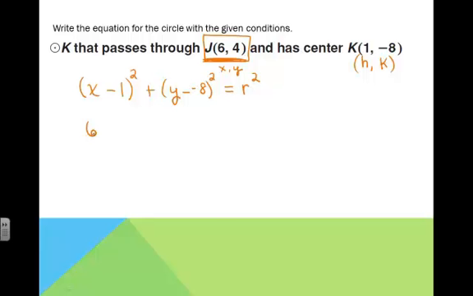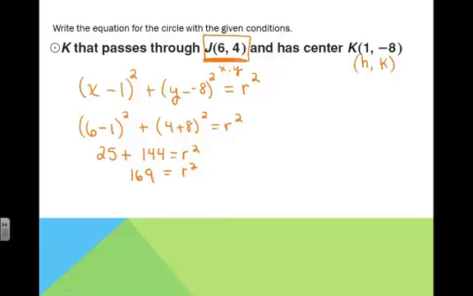So (6 − 1) quantity squared plus (4 + 8) quantity squared equals r squared. That gives me 25 plus 12 squared, which is 144, equals r squared, and r squared turns out to be 169.